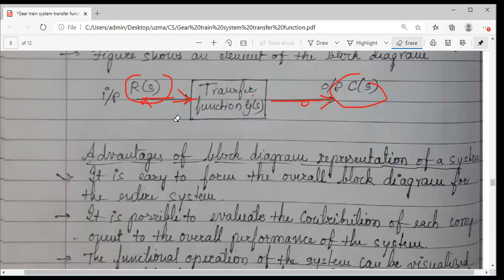Let us see what the advantages and disadvantages are of using the block diagram representation for any system. It is easy to form the overall block diagram for the entire system. अगर आपको एक system का एक operation दिया गया है, according to that, you can form the block diagram of the system very easily.